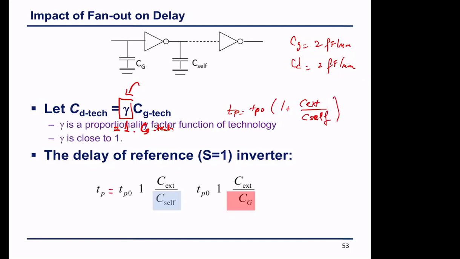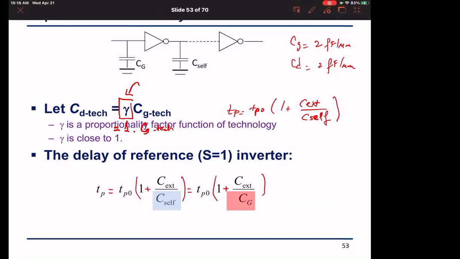TP0 into 1 plus C external over C self, I can write it as TP0 into 1 plus C external over, what can I put in place of C self?